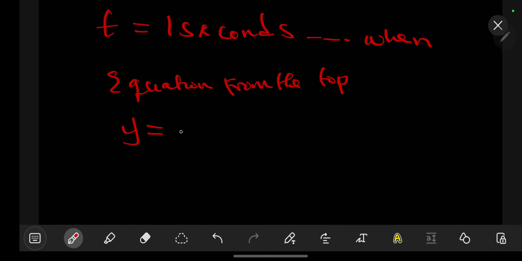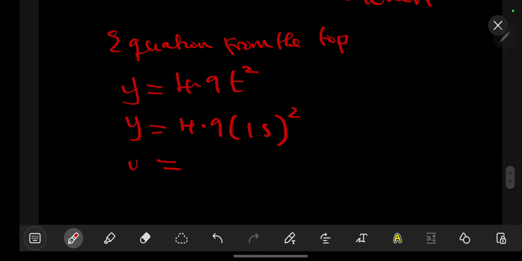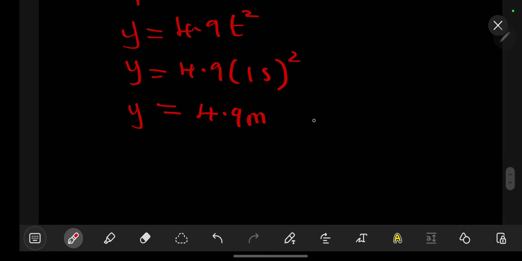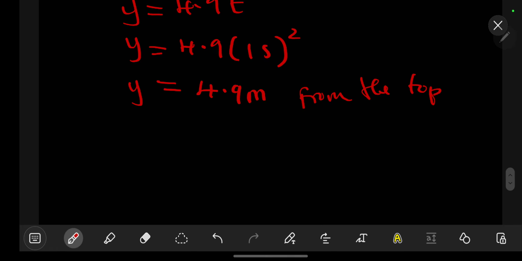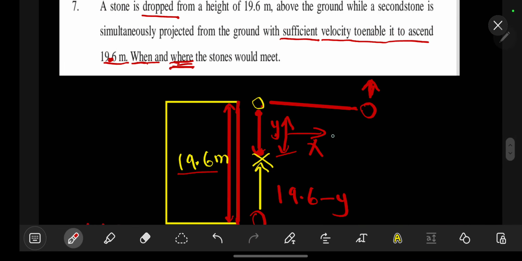Our y should be equal to 4.9 meters, since 1 squared is just 1. So if you look at it from the top, it will travel just 4.9 meters.